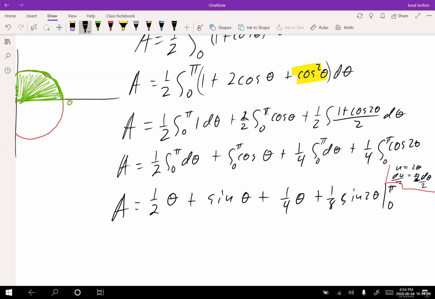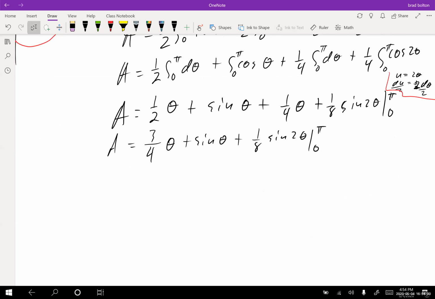Okay, so let's clean this up. We can do a little combining. This will be 1/2 theta plus 1/4 theta, which is 3/4 theta, plus sine theta plus 1/8 sine 2 theta from 0 to pi. Hope this is right.